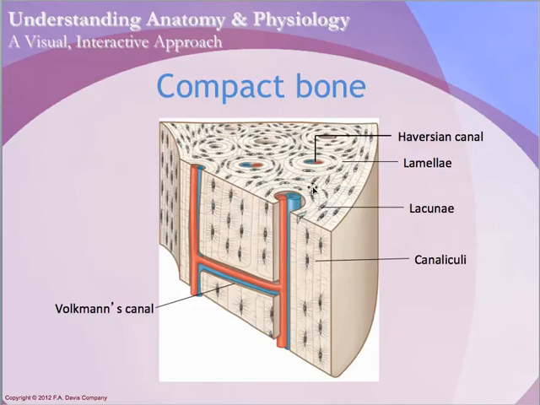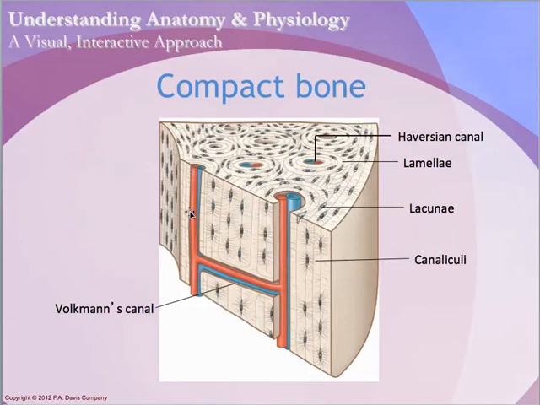A couple of things that I want you to know here, that one of these circular structures here with 2 vessels in the middle is actually called an osteon, and that's actually one of the bone cells. So all of these are osteons together. This is a basic kind of unit, and we have compact bone made up of a whole bunch of these units.